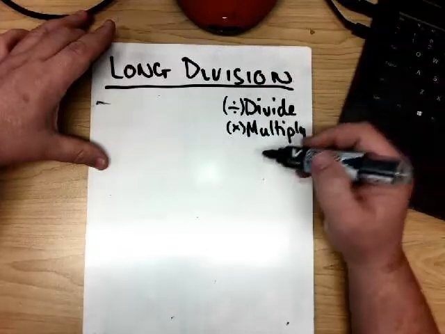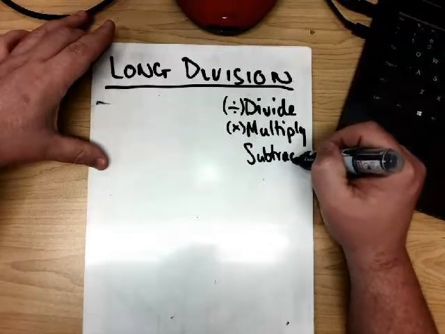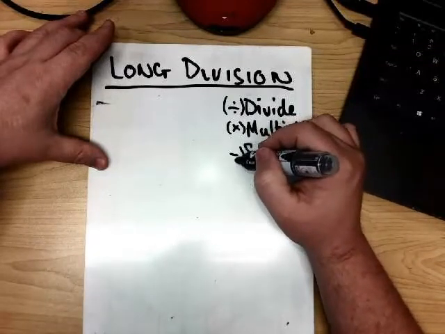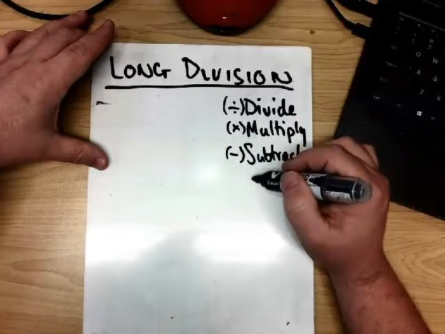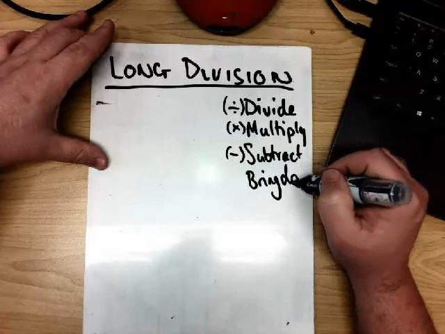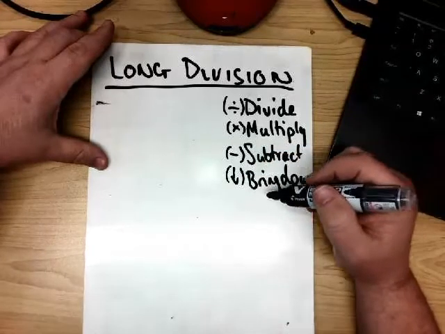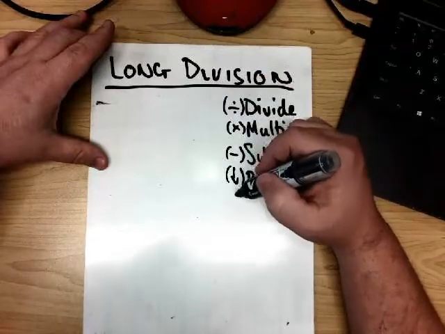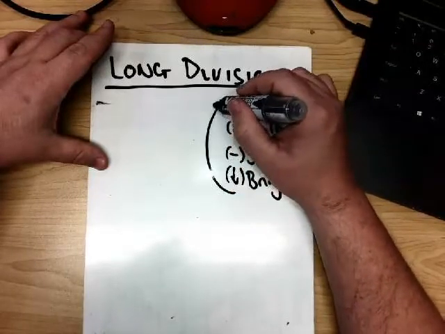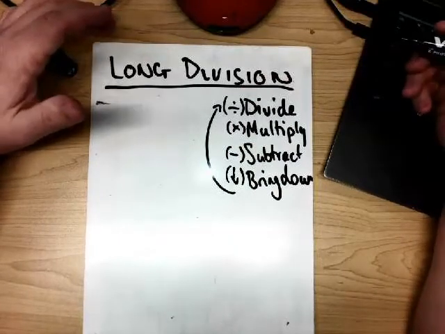Then we do subtract. Then we do bring down. Little arrow there. And then we repeat. So let's have a look at how this works.